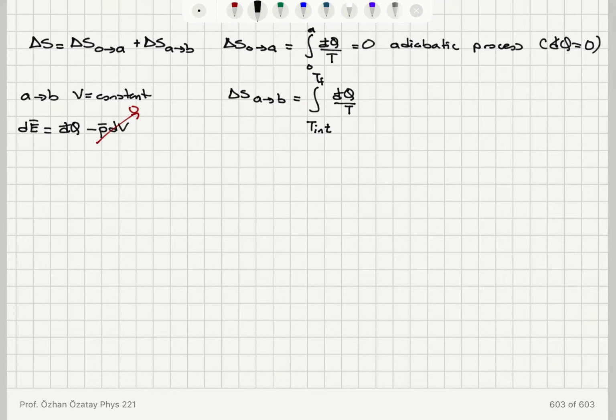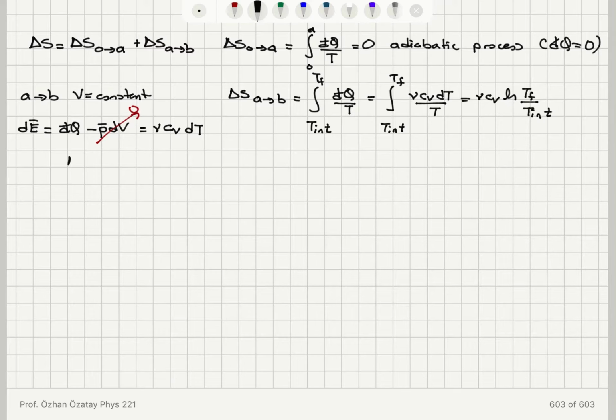So instead of d bar q, I'm going to write nu cv dT, which is the change in the internal energy of the gas. So this will be the integral from T intermediate to T final nu cv dT over T, which is nu cv natural logarithm T final divided by T intermediate.